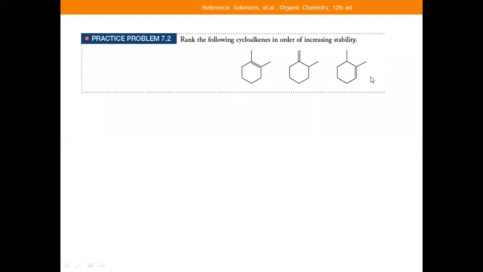You have 1 R group and another R group here, another R group, CH3, CH2, CH2. And there's another R group here, CH2, CH2, CH2, the cyclic one. Of course, there are 3 R groups attached to this alkene, and this is a trisubstituted alkene.